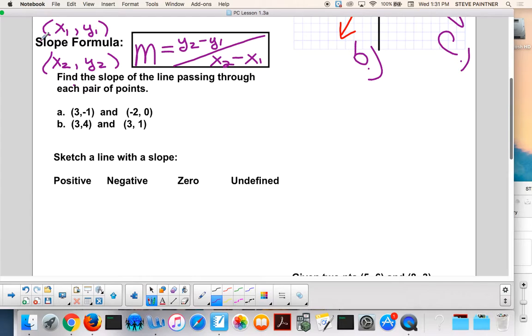Now, would you do it twice? Here's 2 problems. Find the slope of the line passing through each pair of points. So find the slope on A, find the slope on B. Give you a minute. Go.